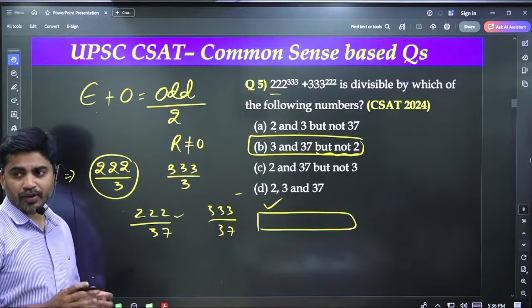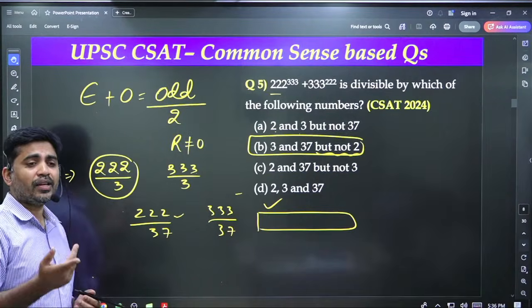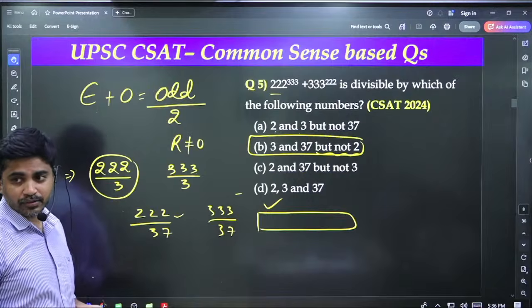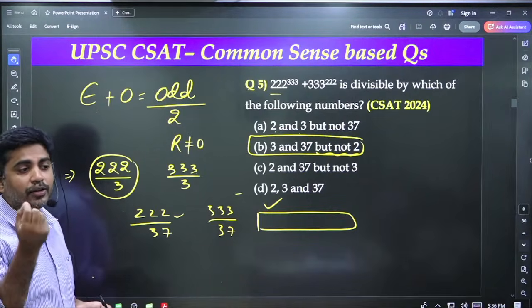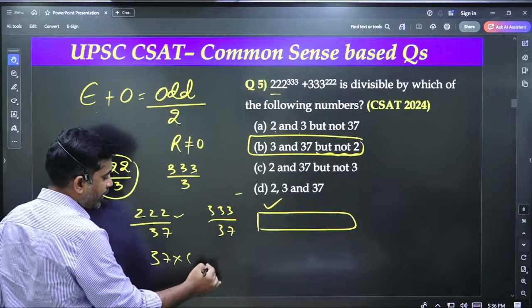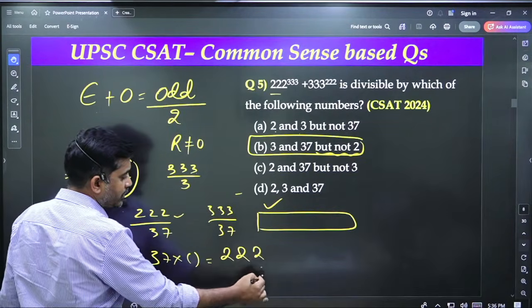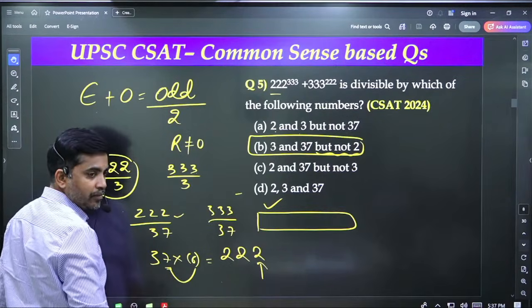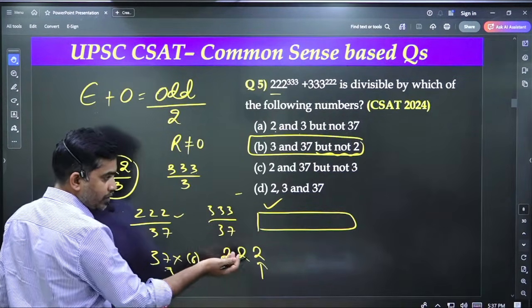It is also divided. How did I guess 37 6 are and 37 9s are? I don't know tables, just based on unit digits. See, 37 into something, we need 222, so unit digit 2 is required. Already you have 7. 7 6 are 42, which means 2.